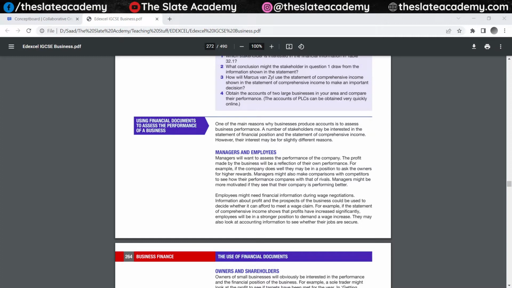So managers, the concept is that these managers are made custodians of the business by the owners of the business. The owners themselves are rarely involved in the running of the business, especially the big corporates. So they have made these managers the custodians: you run this business on our behalf. So now they have been made responsible.